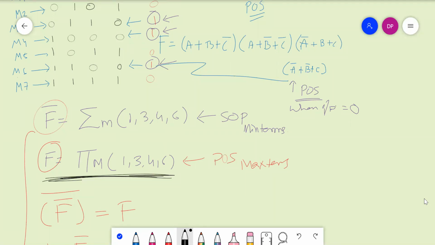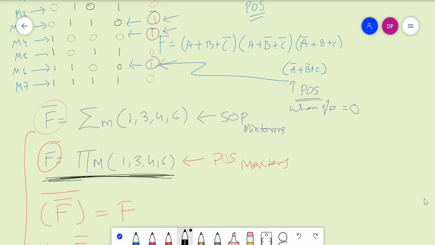When you pick the output value ones and take all possible input combinations, we can write it in terms of min terms. Min terms means sum of products. If you take the output and pick where they are 0 and choose those input combinations, we can write them in terms of product of sums, that is max terms.